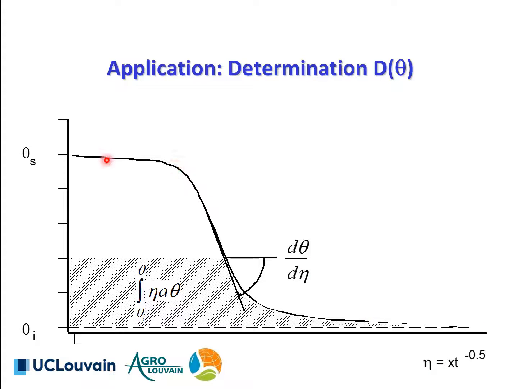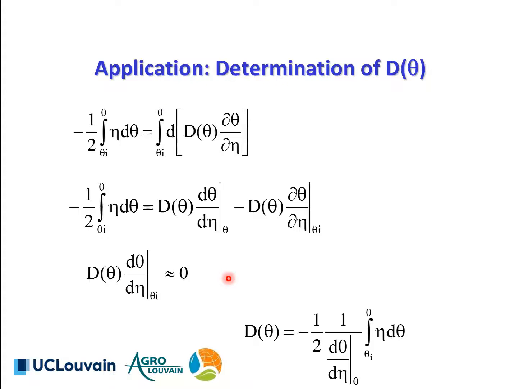If we have this curve, we can calculate the slope of the curve for each value of soil water content. And we can also calculate the integral part below the curve for each soil water content. Finally, if we take the ratio between those two functions, we will obtain nearly the diffusivity.